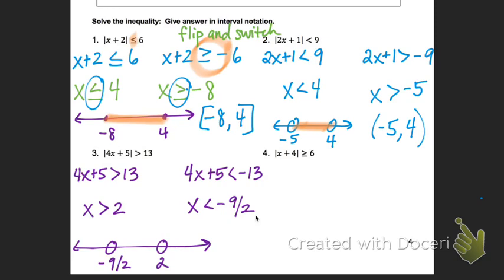Okay, when you solve, you get x is greater than 2 and x is less than negative 9 over 2.